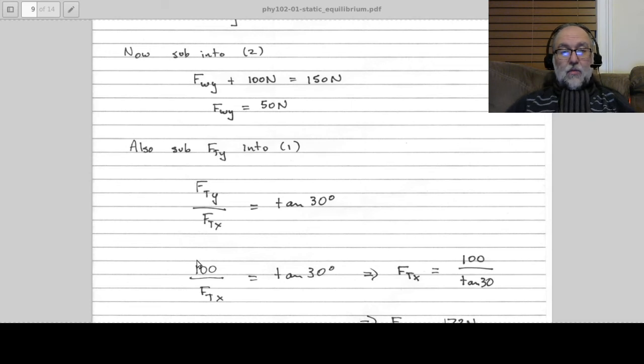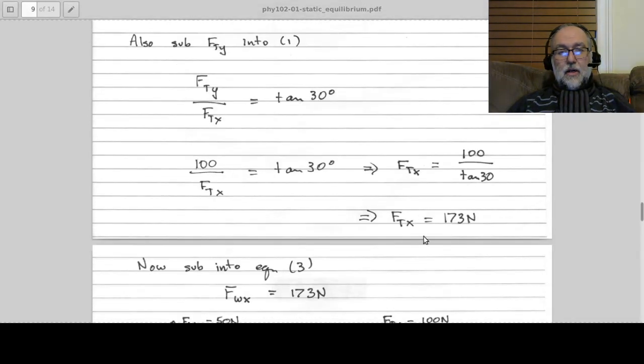FTY was 100 newtons, FTX is unknown, but the ratio of the two has to be tangent of 30. So just cross multiply and it works out to FTX of 173 newtons. So the tension in that wire has a y component of 100 newtons, but it has an x component of 173 newtons.